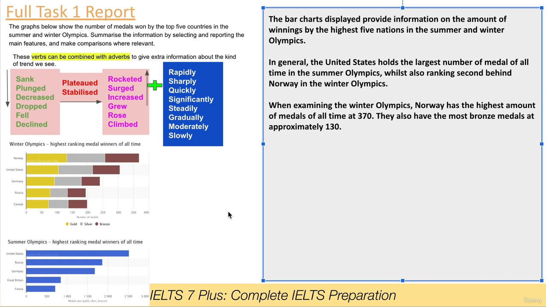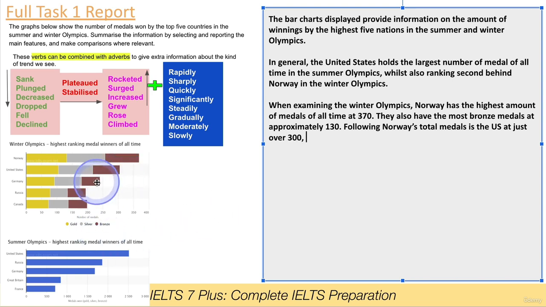So let's talk about following Norway. Norway's total medals is followed by the US, just over 300.